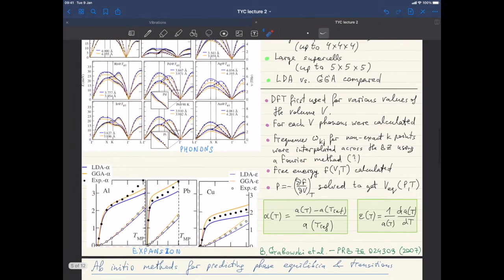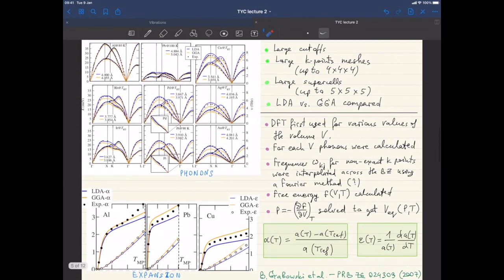However, in this paper, this is the reference here, a rather careful analysis of the phonon structure and the free energies of a number of compounds was made.